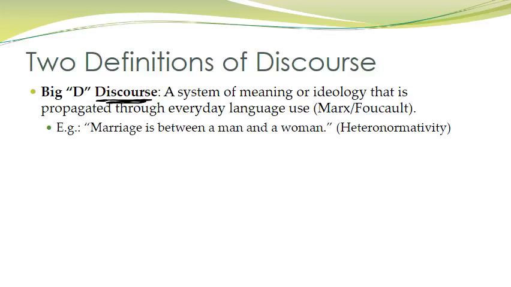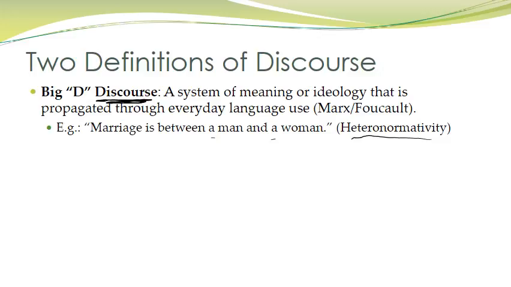Because the whole idea of the statement is that marriage has to be between two opposite-sex people. So that's an ideology of heteronormativity. You hear a simple statement like that in the news or in discussions about same-sex marriage. If you were to analyze that kind of rhetoric in, say, a campaign ad, you'd be seeing the rhetoric of heteronormativity, okay?